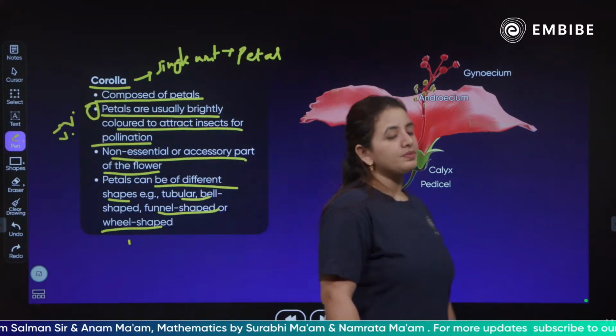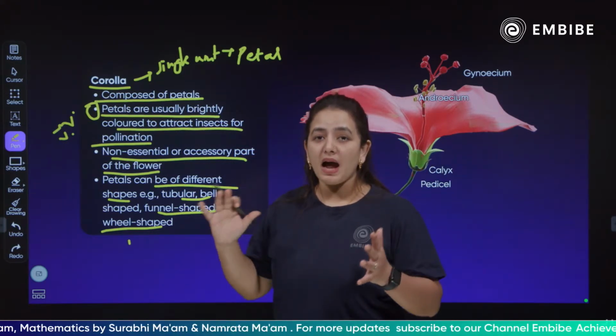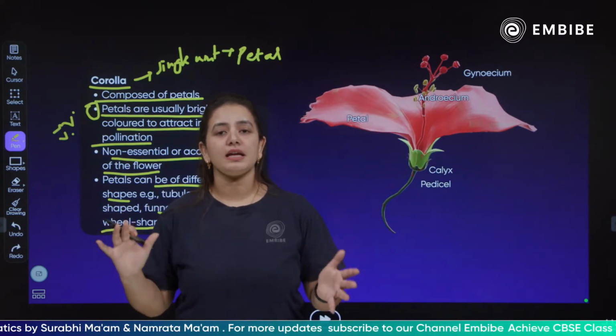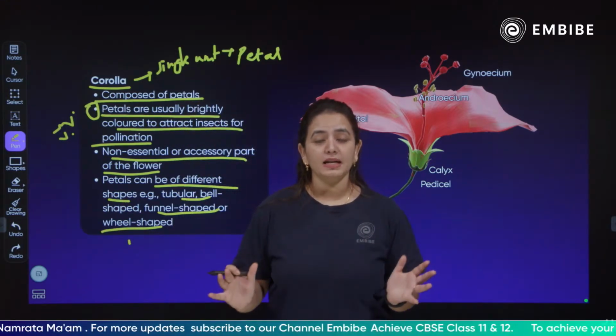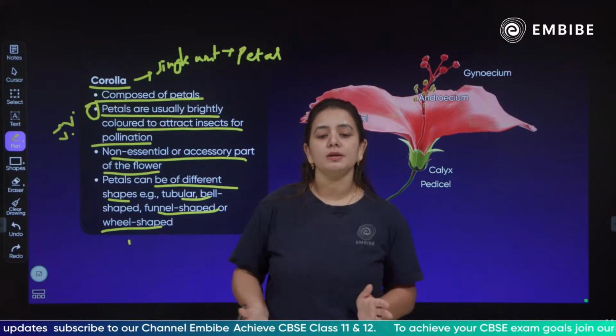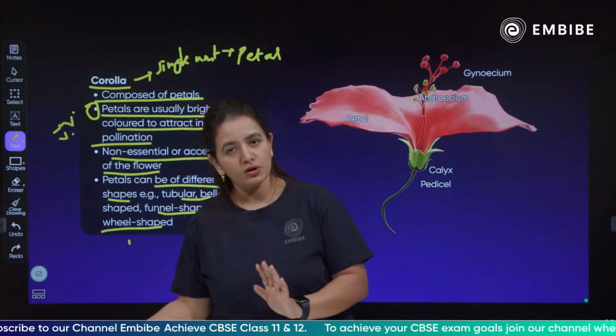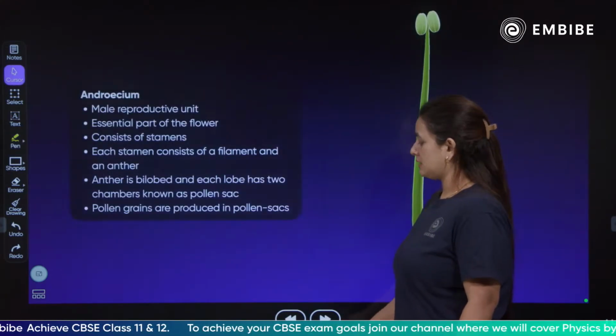So this is about the second part of the flower, which is also maybe a non-essential accessory part, yet participating in the sexual reproduction from the outside, but it is participating.